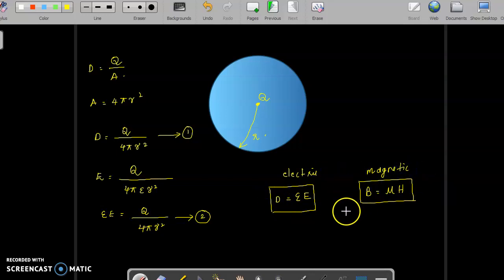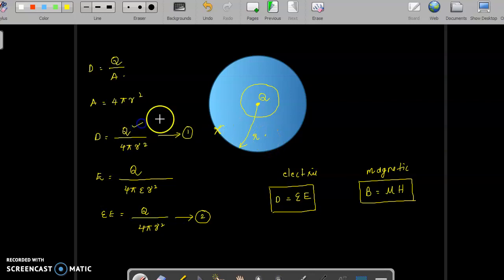D is electric flux density, this is magnetic flux density. So D is inversely proportional to the square of the distance. As you move away from the charge, the flux density decreases. So flux density at this point is higher than the flux density at this point.